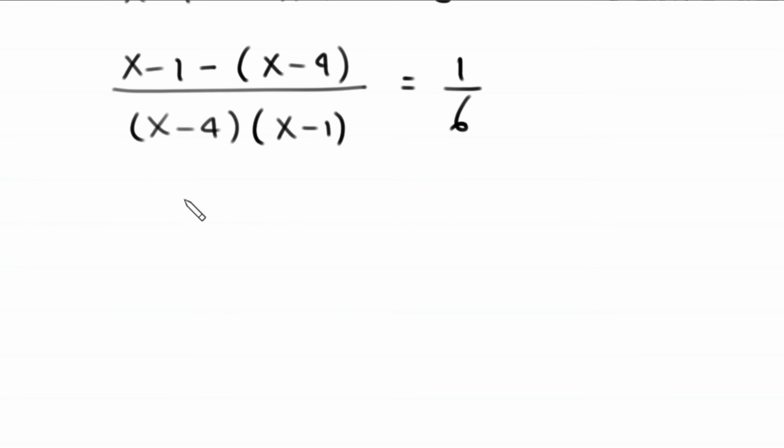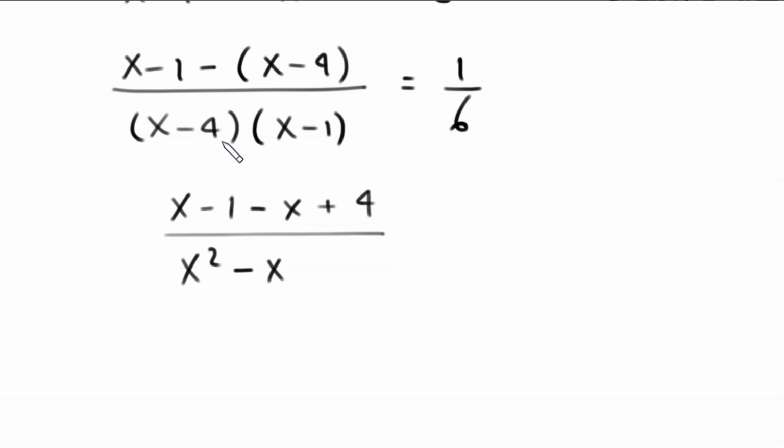Further simplify, this will become x minus 1 minus x plus 4 divided by x times x is x squared, x times negative 1 is negative x, negative 4 times x is negative 4x, and negative 4 times negative 1 is plus 4, equal to 1 over 6.